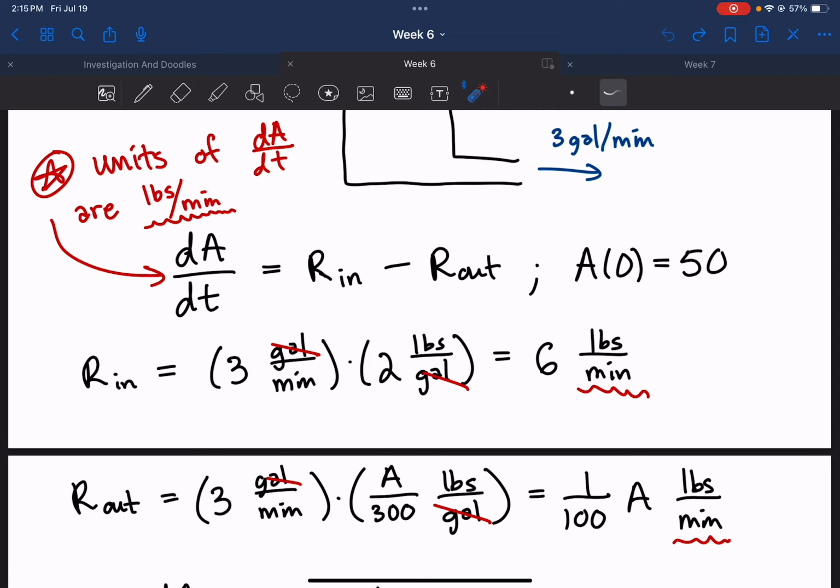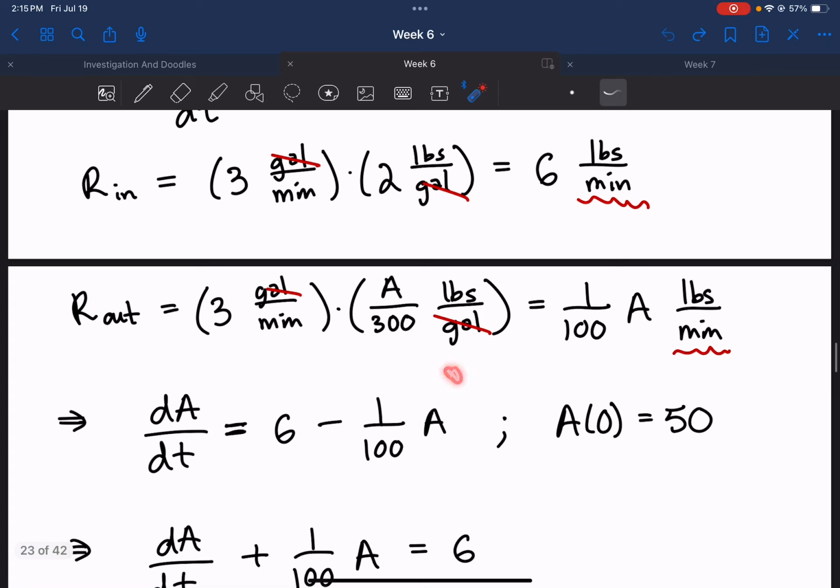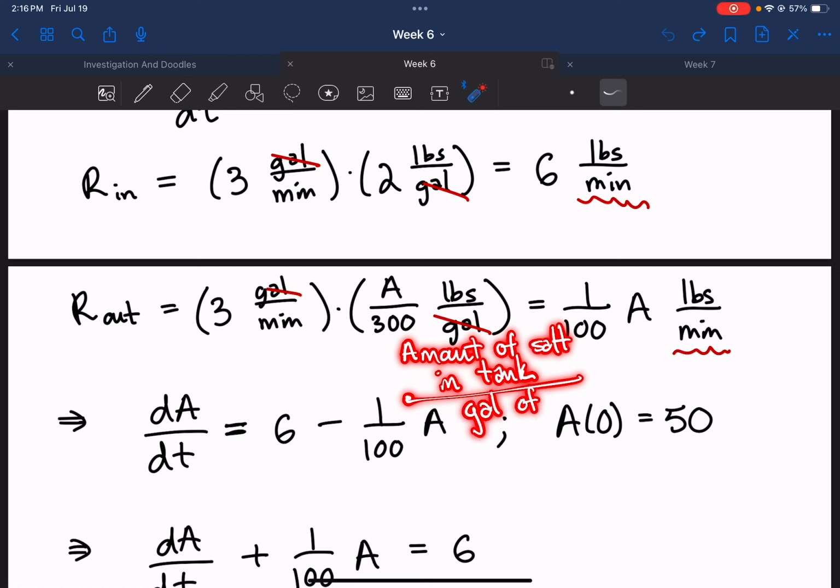Well, the concentration of salt water leaving is the amount of salt in the tank divided by the gallons of salt water, I guess just the amount of water.